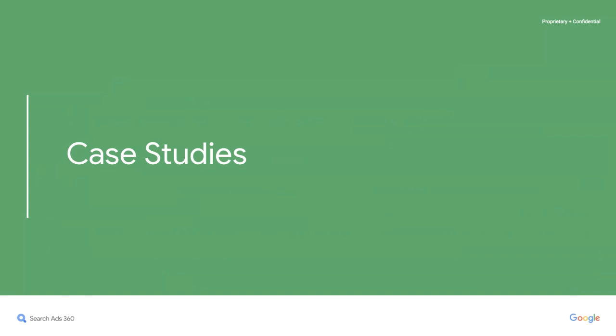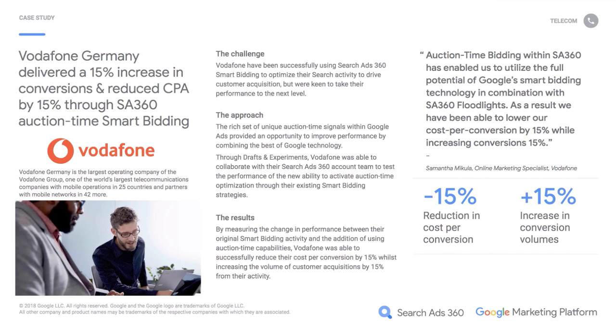So coming back to some case studies that we found interesting, and maybe you can learn something from them as well. One of the first testers of auction time bidding was Vodafone Germany, and how they went about this is they started with drafts and experiments to compare the auction time bidding strategy from SA360 versus a normal Search Ads 360 bidding strategy, and their end goal was to increase customer acquisition.